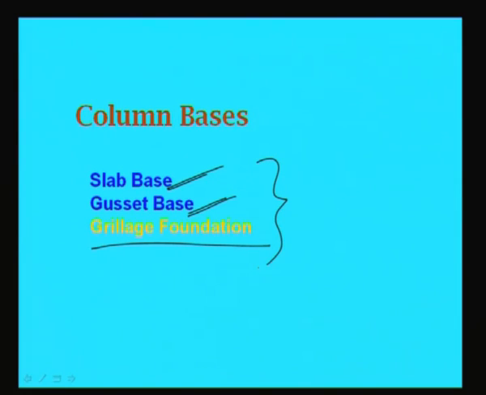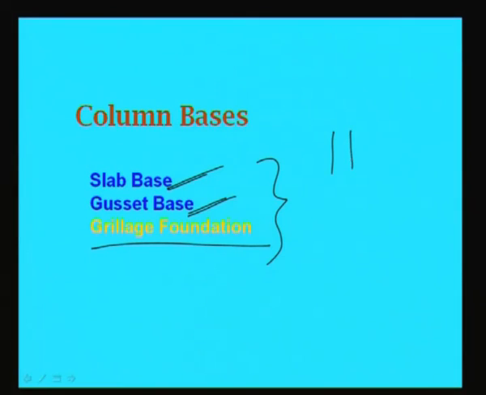In fact, designing of slab base or gusset base or grillage foundation is almost similar, and basically we have to distribute the concentrated load coming from the column to the base to the soil. When the load is coming from the column, that load has to be transferred to the soil. How do we make it? Generally, say this is a column.